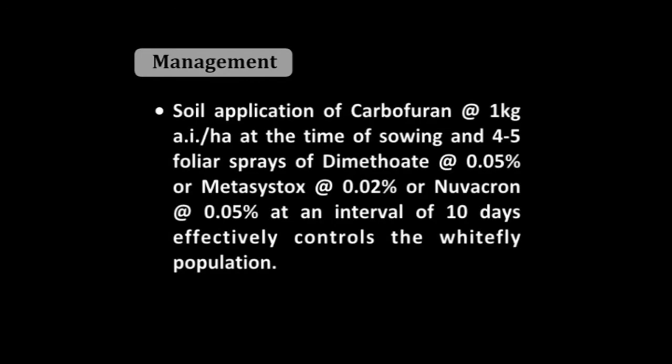Soil application of carbofuran at the rate 1 kg AI per hectare at the time of sowing, and 4 to 5 foliar sprays of dimethoate at the rate 0.05% or Metasystox at the rate 0.02% or Novacron at the rate 0.05% at an interval of 10 days effectively control the whitefly population.